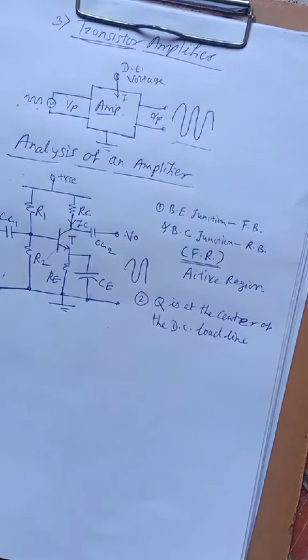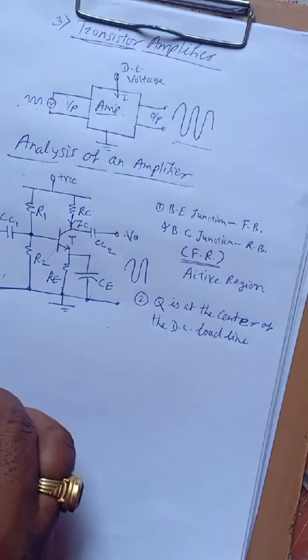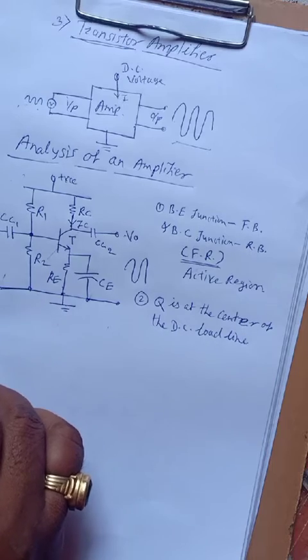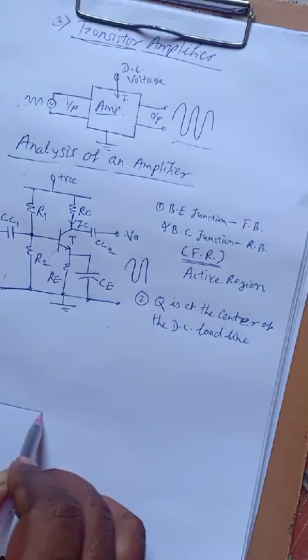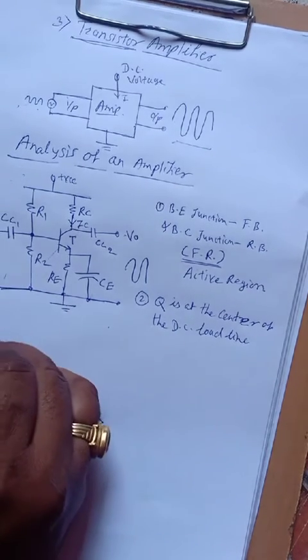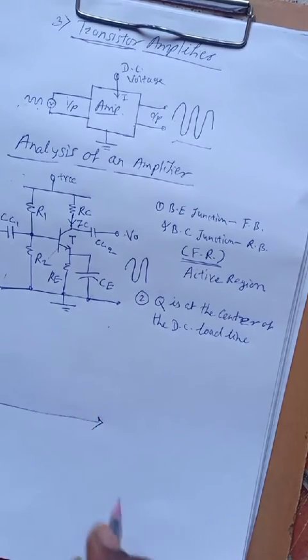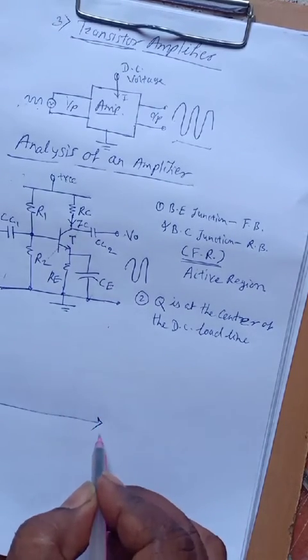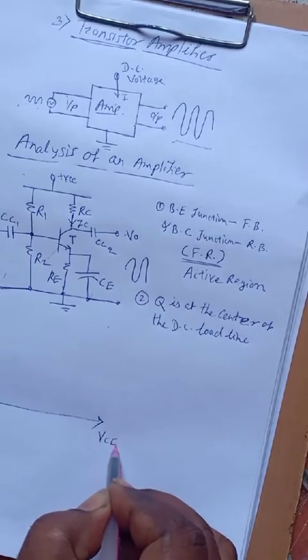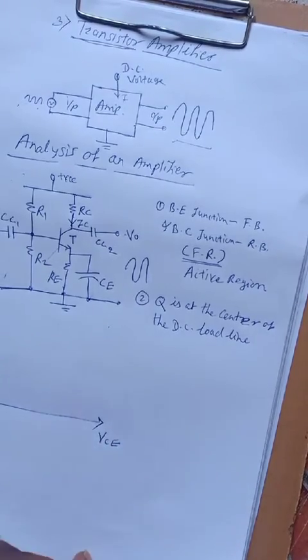Okay, so we know that DC load line. And we also know the characteristic curves. If we observe the characteristic curves here, we are going to see the variation between output collector current IC versus output collector to emitter voltage VCE.